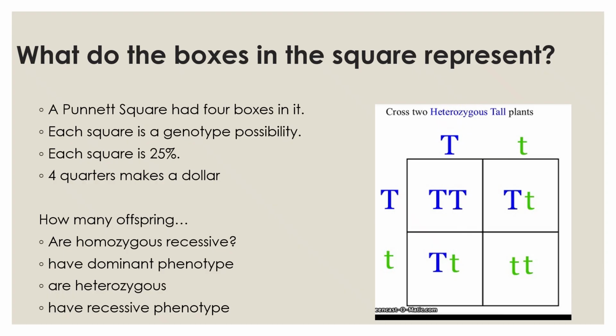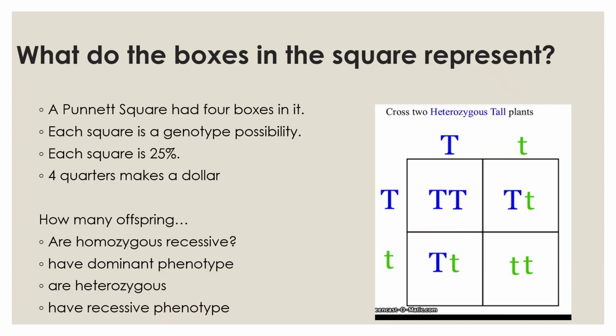When we look at the Punnett square with its 4 boxes, we know that each box is going to represent 25% of the total. All 4 boxes represent 100% of the total possible outcomes of the cross that we are looking at.